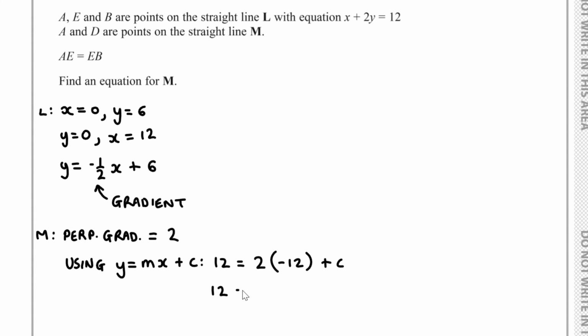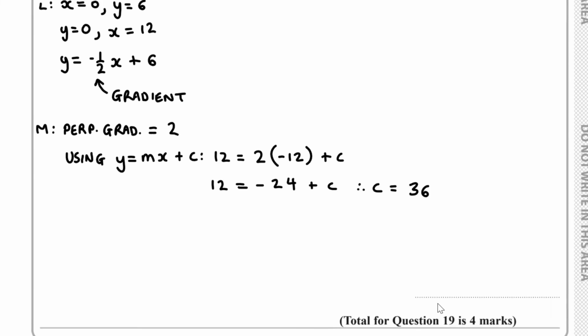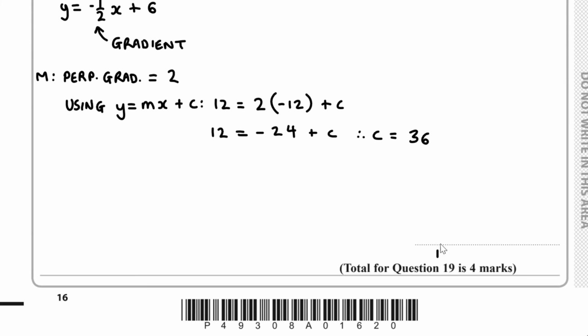So we get 12 equals minus 24 plus c, so therefore c is equal to 36. So therefore, the equation of line M is y equals 2x plus 36.